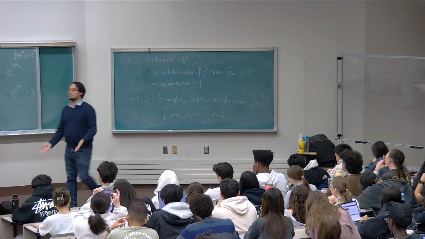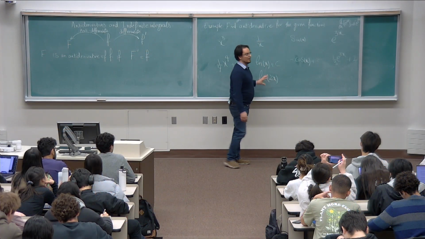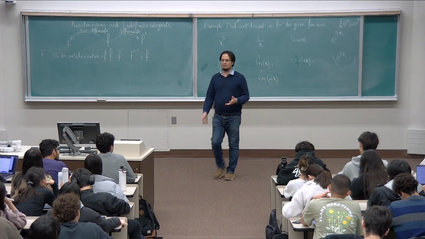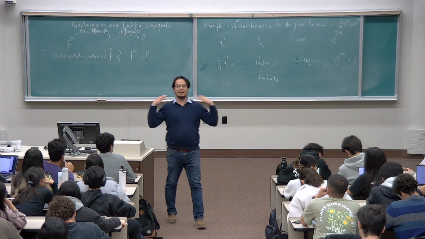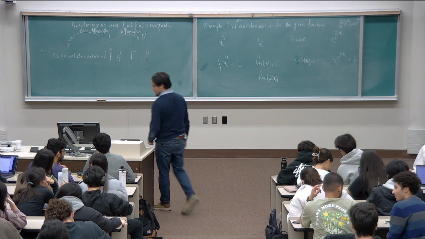If two functions are antiderivatives of 1 over x, their difference should be constant. But ln x and ln 2x don't seem to have a constant difference. Go ahead, please. I need to hear chat, 25 seconds.